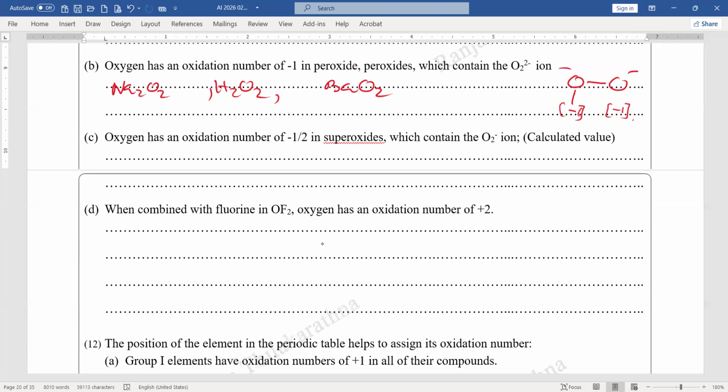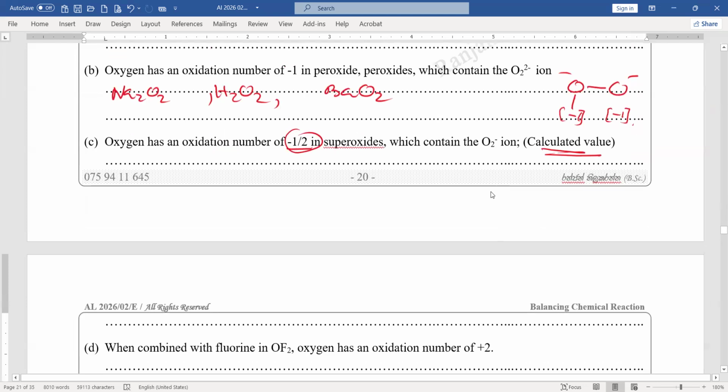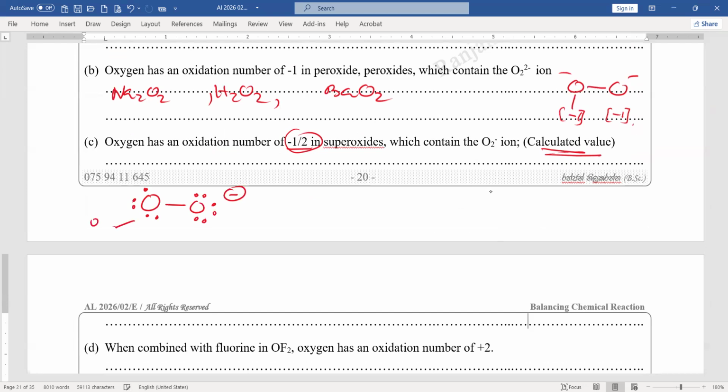Then oxygen has an oxidation number of -1/2 in superoxides. Actually, this is only a calculated value, but actually it is like this. If you just calculate, you will get it as -1/2. But actually, one oxygen will be like this: this is in zero oxidation state, and this is in -1 oxidation state.